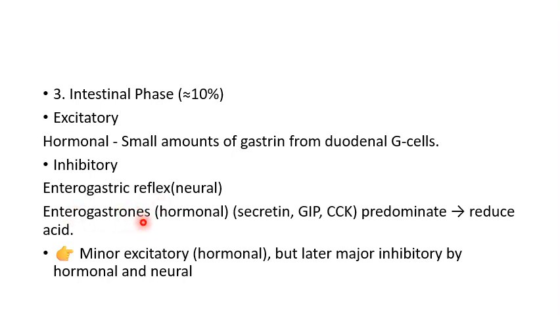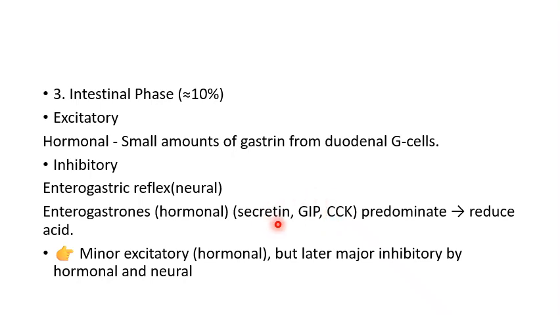The next part is the enterogastrones. Enterogastrones is purely hormonal. Here the stimulus is the same, products of protein digestion and acid chyme, that will stimulate the cells in the intestine, S cells to secrete secretin, K cells to secrete gastric inhibitory peptide, and I cells to secrete cholecystokinin.